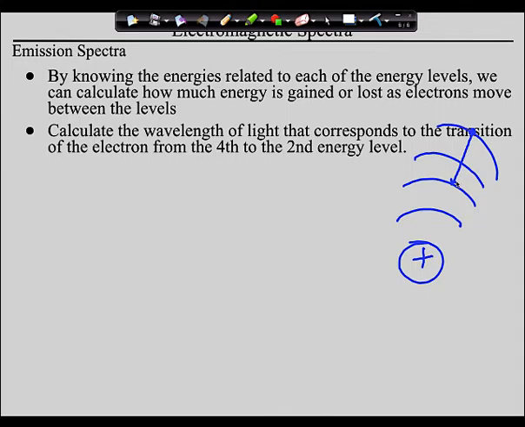That will then give us the change in energy, which is the energy of the photon. What are we then going to do with the energy of that photon? E equals h nu. That will give us the frequency. And then we can take that frequency and convert it to wavelength. How? c is equal to lambda nu. Give it a shot.